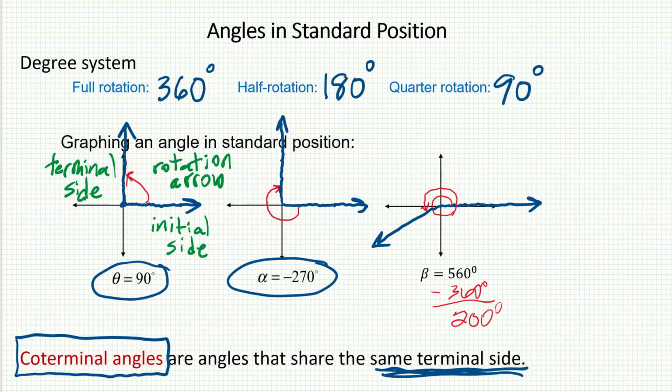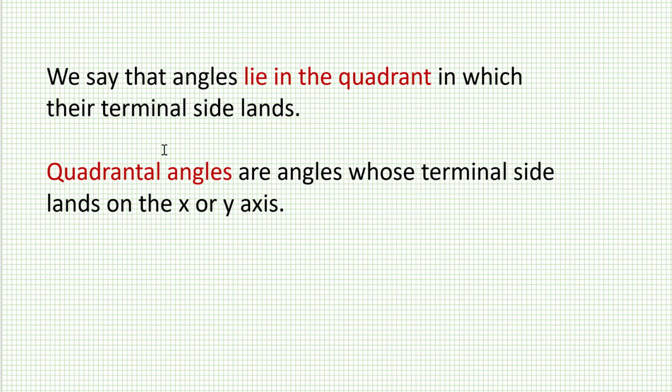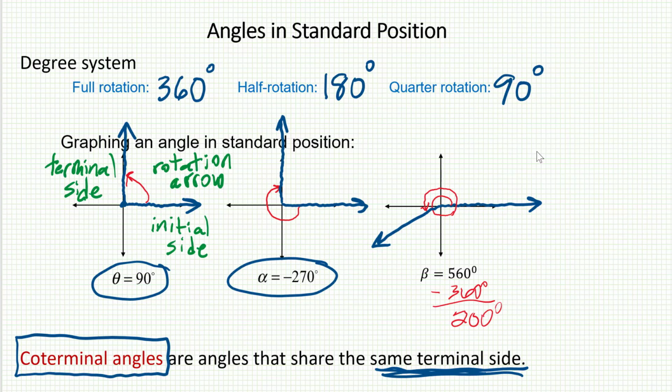Okay, just a couple of last comments. We say that angles lie in the quadrant in which their terminal side lands. Remember how we number the quadrants in the XY plane? So we have quadrant 1, 2, 3, and 4. For that last example, beta equals 560 degrees, we would say that angle lies in quadrant 3 because the terminal side landed in quadrant 3.